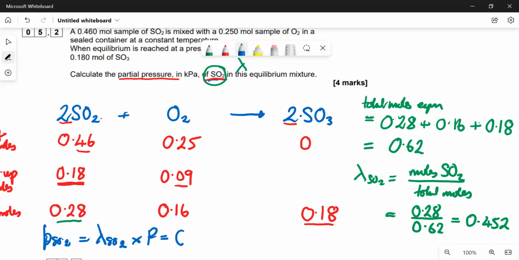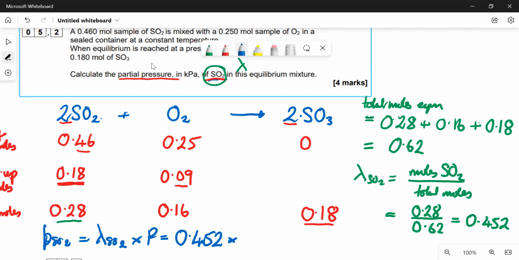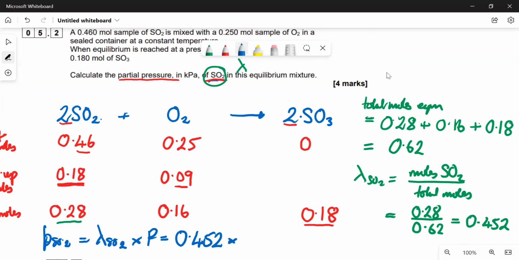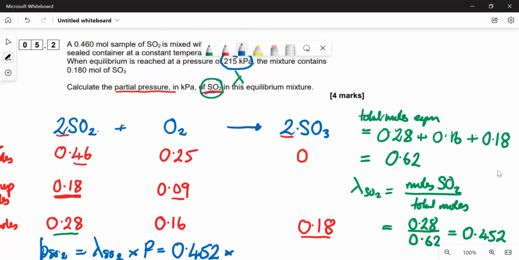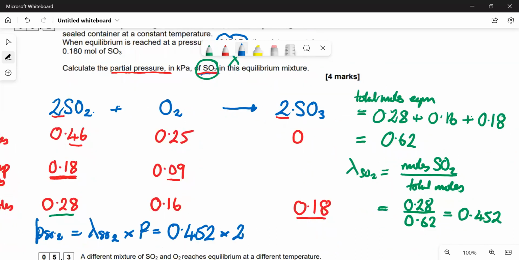So we've got 0.452 multiplied by the total pressure, which is, let me scroll to the question here, 215 kilopascals. So 0.452 times 215 gives us 97.1 kilopascals.